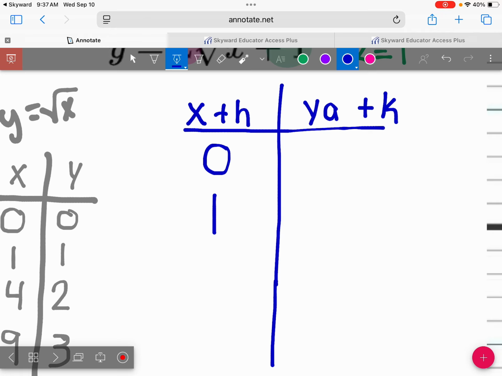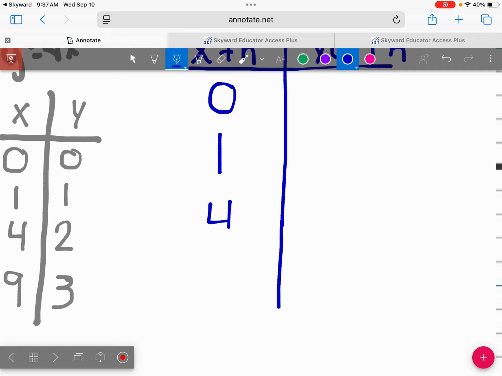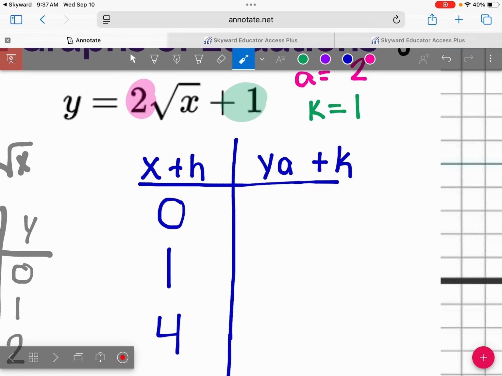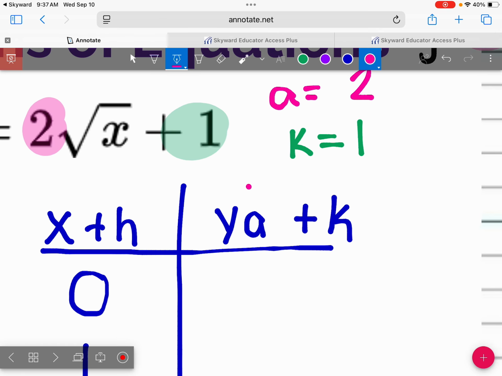So we're going to have our 0, our 1, our 4, and our 9. And then we're going to take our y values from over here, times our a, so times 2 and then plus 1.